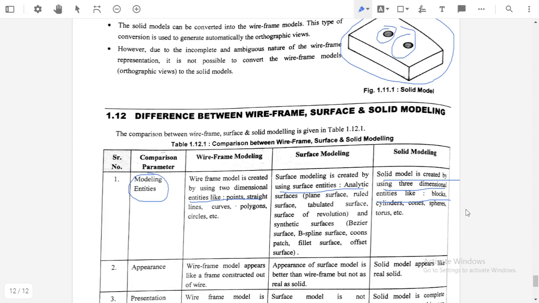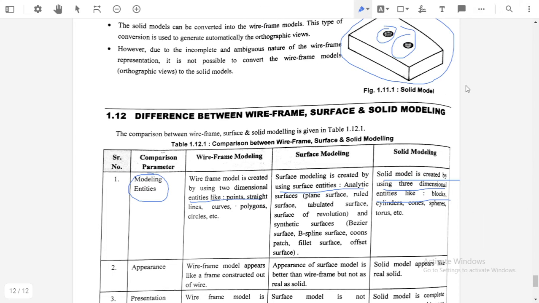Suppose in the case of Paint, there is a circle, a square, a star. These are some shapes which are available already inside the software. Similarly, in three-dimensional objects, some three-dimensional entities are already present in a system, and these entities are called primitives, and these are some basic shapes.